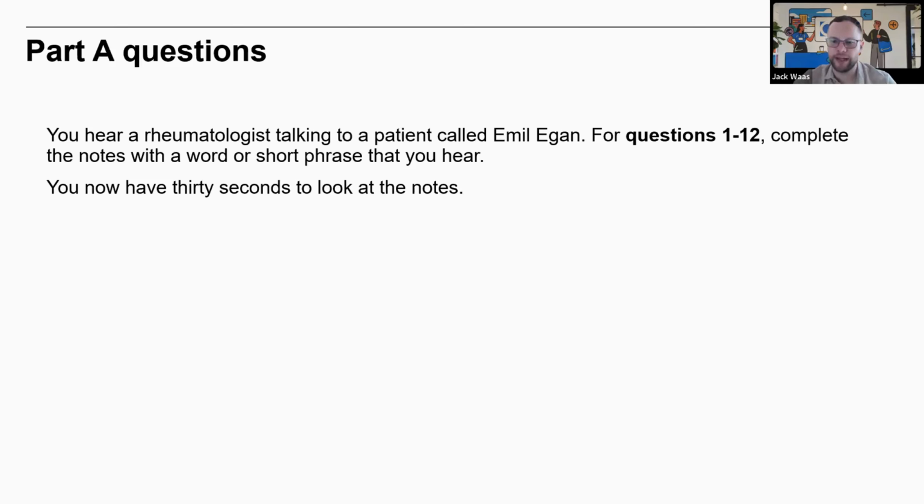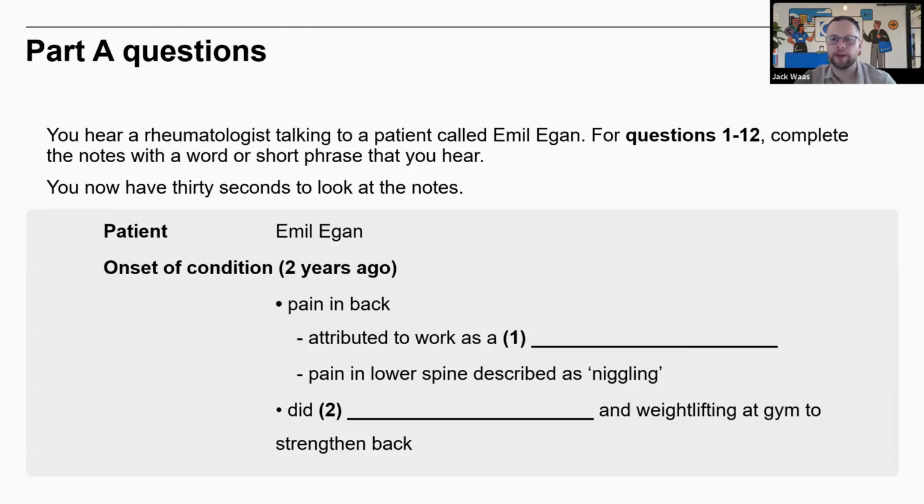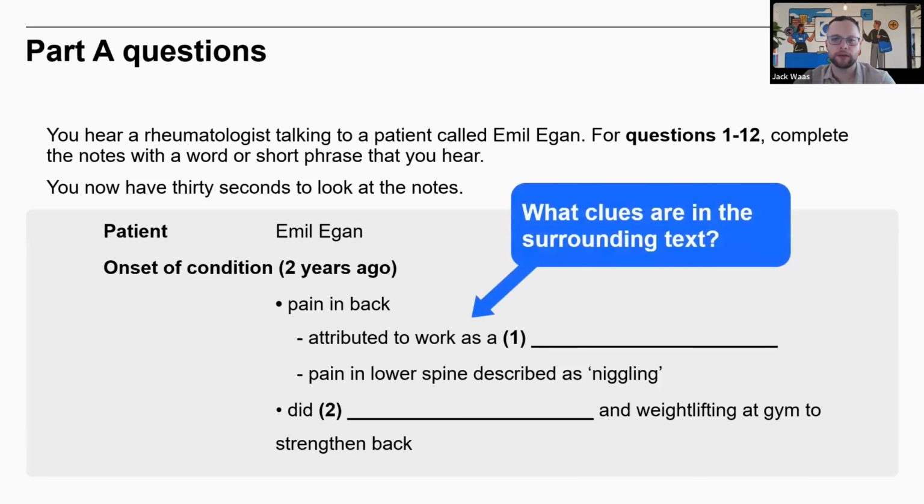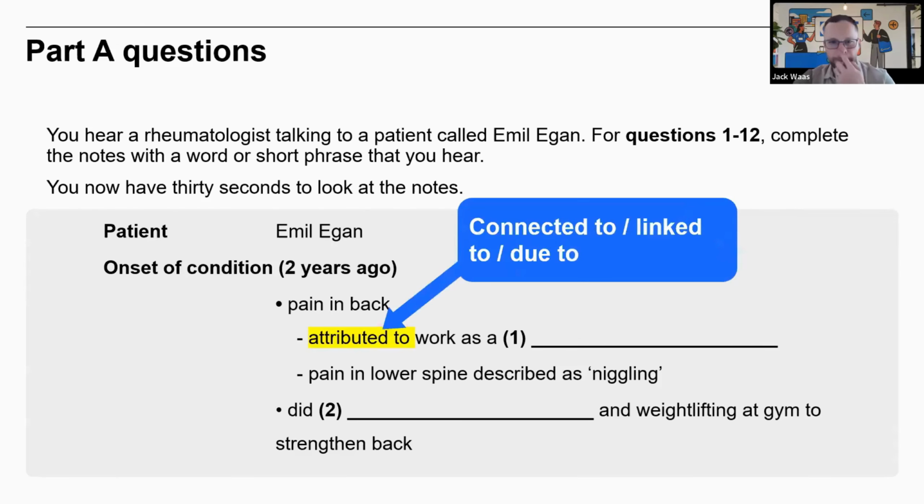Okay, so let's go ahead and write the answer. But before we do that, let's use the tips we just saw. So first of all, what clues can we see in the text surrounding the blanks or the gaps in the conversation? First of all, we see onset of condition. This phrase, connected to, linked to, or due to, right? Those are all synonyms for attributed to.